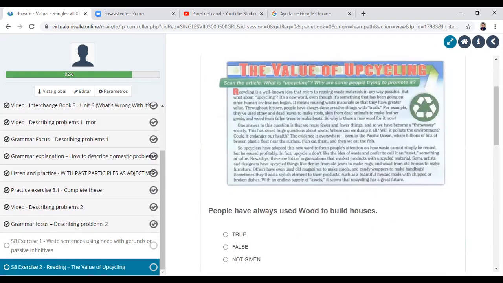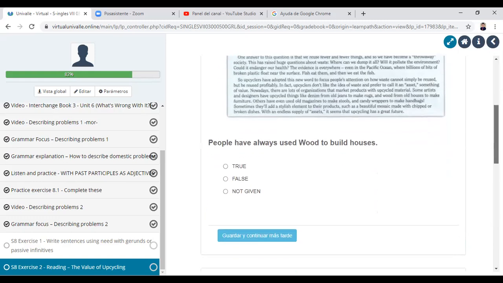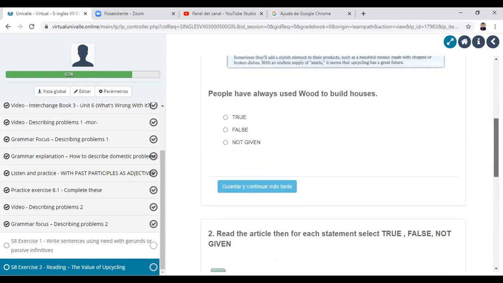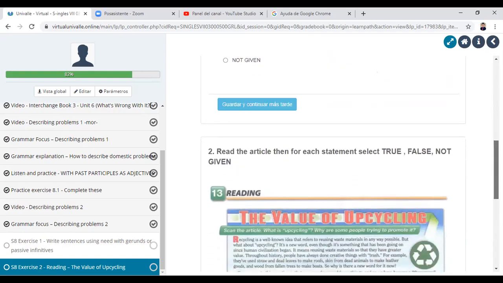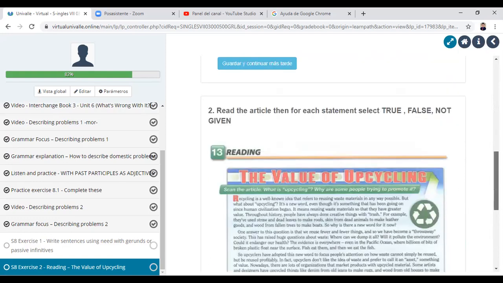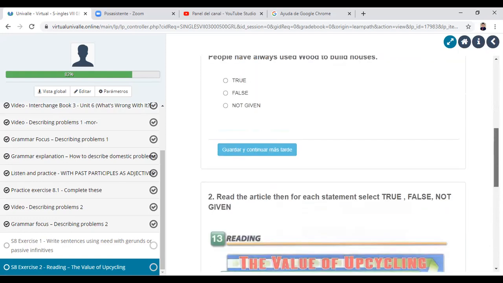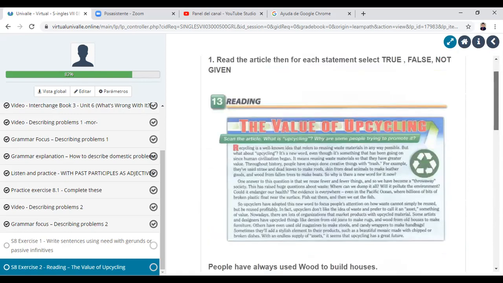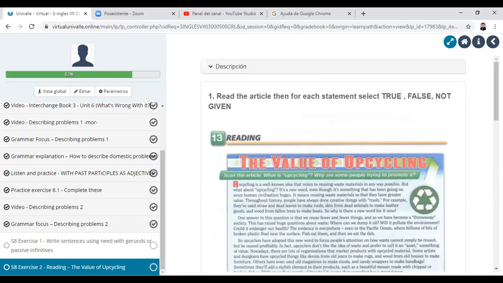Recycling is a well-known idea that refers to reusing waste materials in any way possible. You're going to read this article and then answer the different statements that we have here.